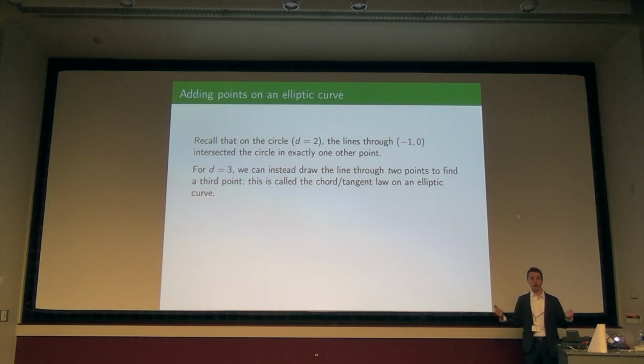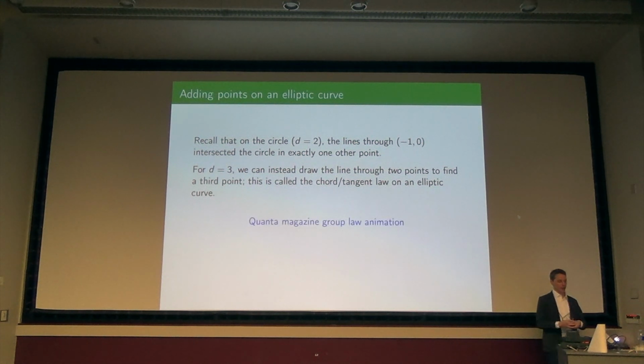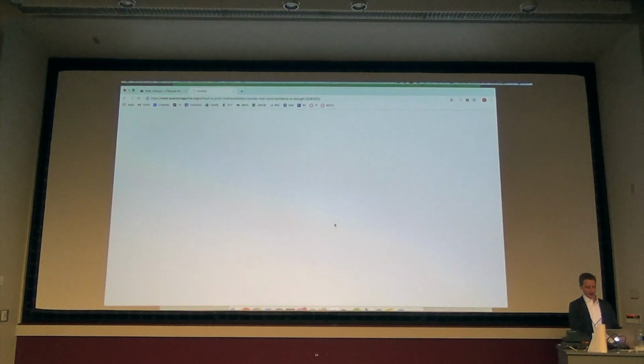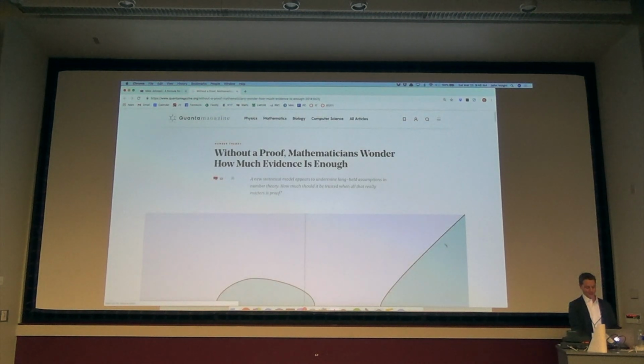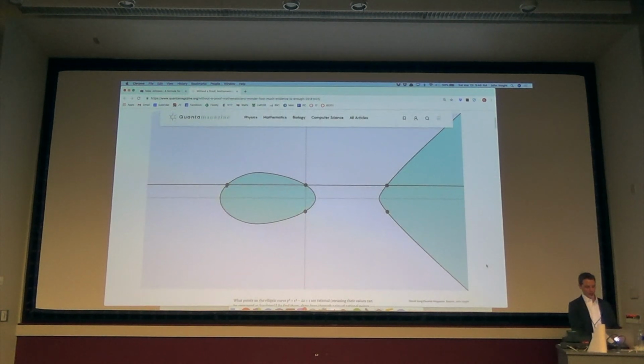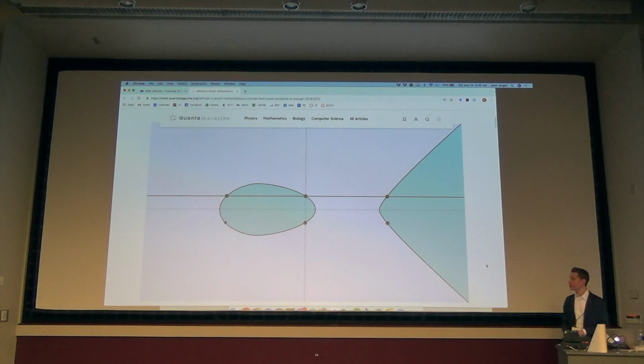Okay? So this allows us to generate points given a set of points, and I'm going to spend about 5 or 10 minutes showing you how beautiful and fun this really can be. It's called the chord-tangent law on an elliptic curve. And here's my favorite thing ever.